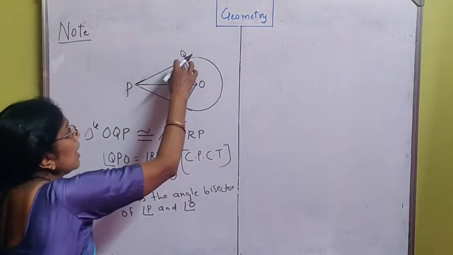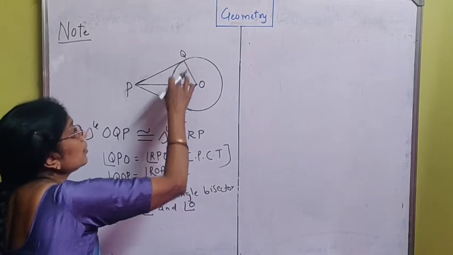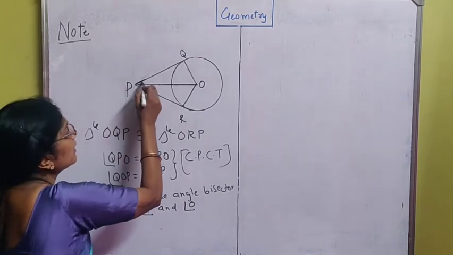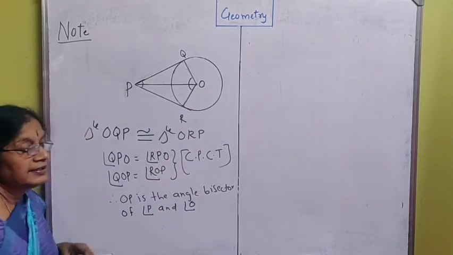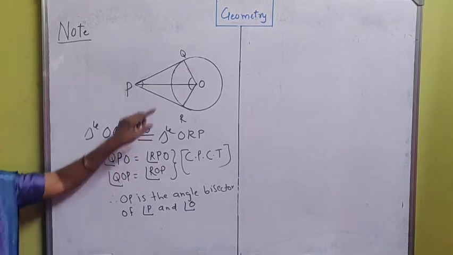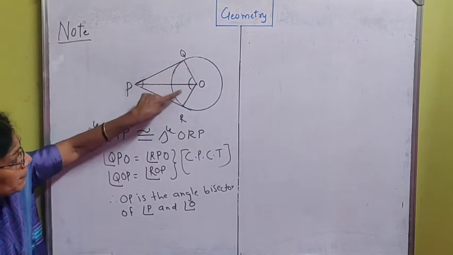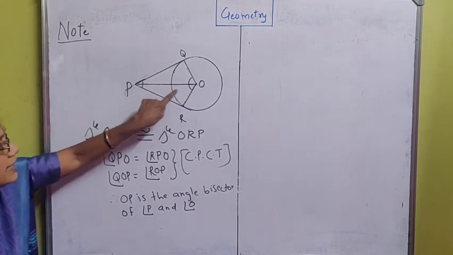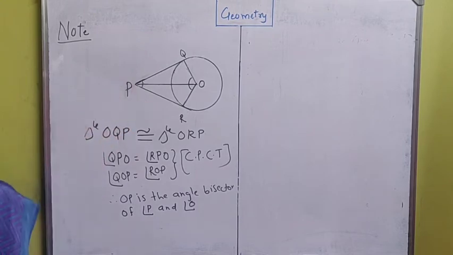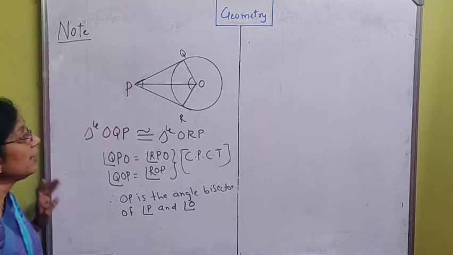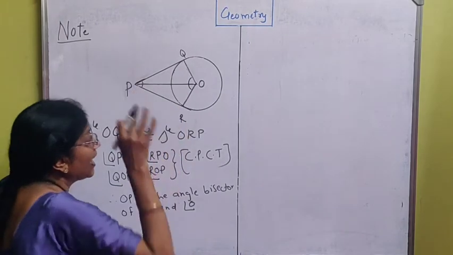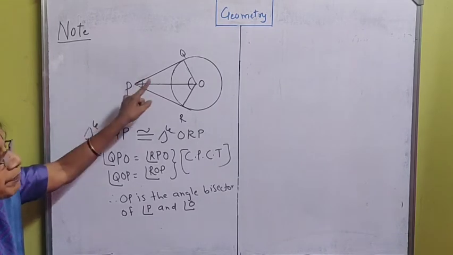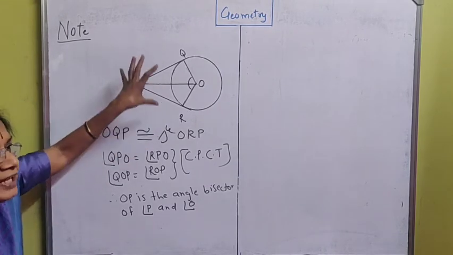Now these two are 90 each, so their sum is 180 degrees. So from 360 if you subtract 180, the sum of the other two angles should also be 180 degrees. Means angle Q plus angle R is 180 degrees, and angle O plus angle P is also 180 degrees. We are going to use this for calculating the sums.